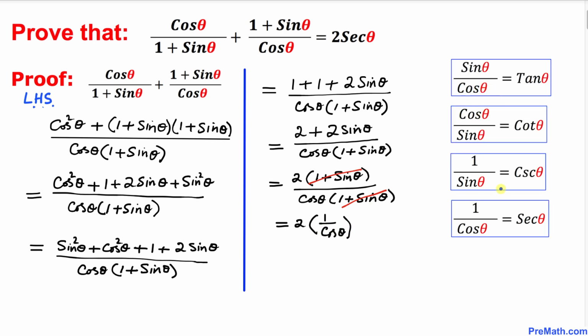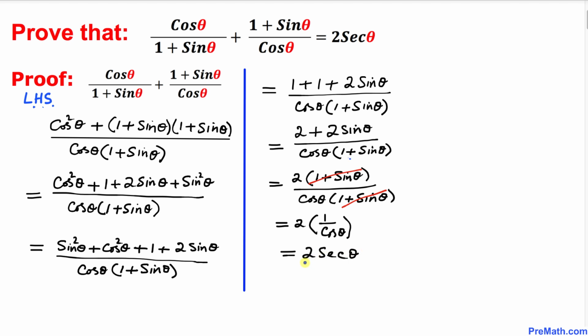Now let's focus on these trigonometric ratios on the right hand side. From this table, we know that 1 over cosine theta is equal to secant theta. So therefore, we can write this one as 2 times secant theta.